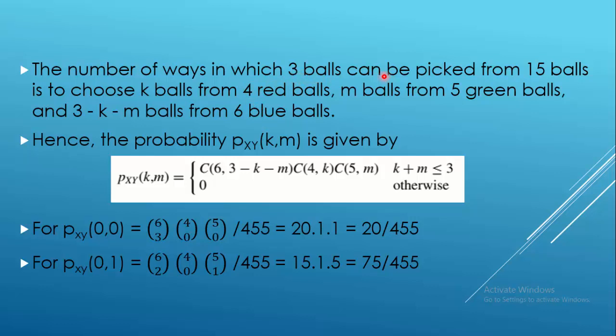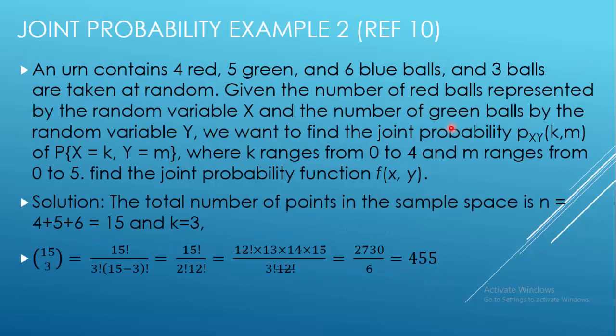For example, we have to pick the 3 balls from 15 balls, and we can choose k balls from red balls and m balls from 5 green balls. This is given over here.